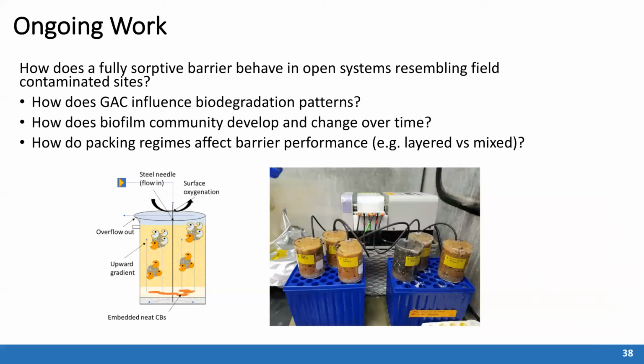So we recognize that the flow path here is not going to be as well defined as in the column systems, but at least the physical characteristics, the location of the chlorinated benzenes, the presence of chitin and the presence of granule activated carbon are going to be more like it would be as a biobarrier in the field. And so we feel like at least some experiments probing different conditions here, and you see pictures of what they look like in the laboratory, will then give us a better feel for how the system will perform, going from the laboratory to the field scale process.